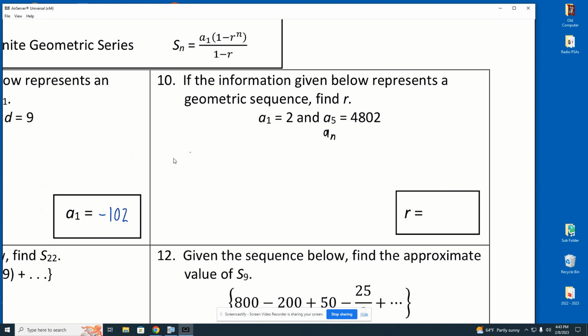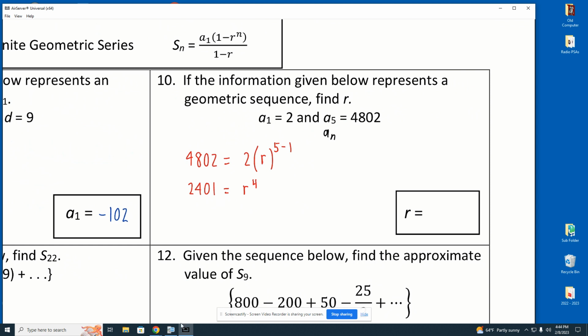A sub 5, 4802, equals a sub 1, 2, times your common ratio raised to your 5 minus 1 power. Again, look, here's 5. That's n. We're plugging it into the n spot. Now I'm going to do a couple things at the same time. One, to get r alone, don't I need to move 2? So I'm going to divide by 2. So that's 2401 equals r to the 4th power.